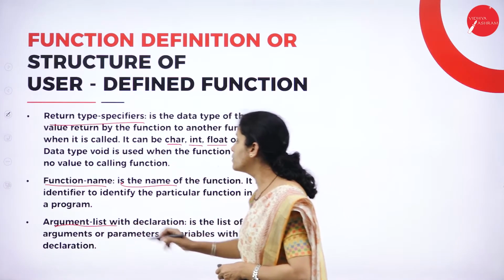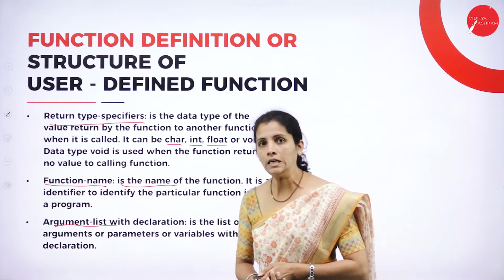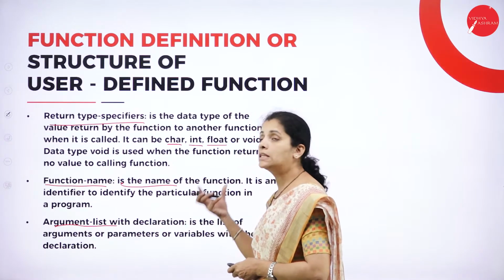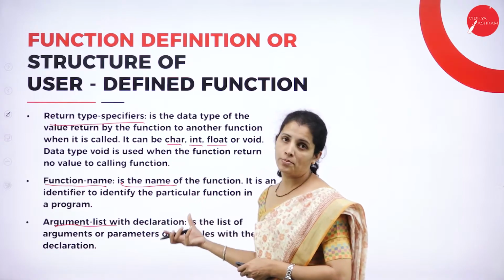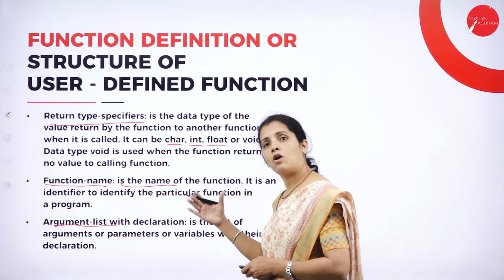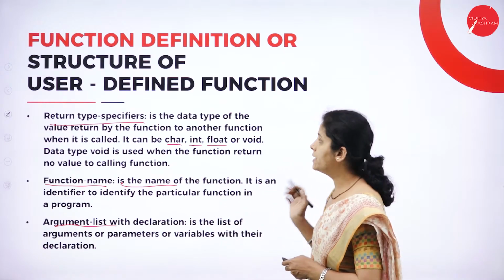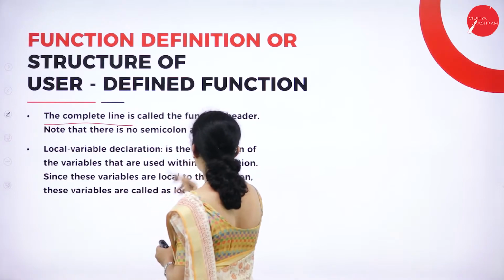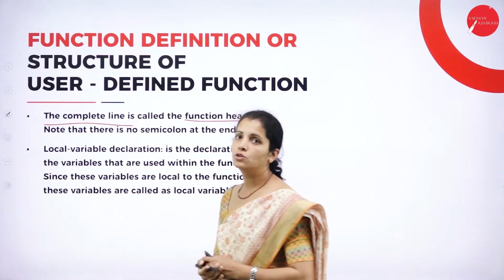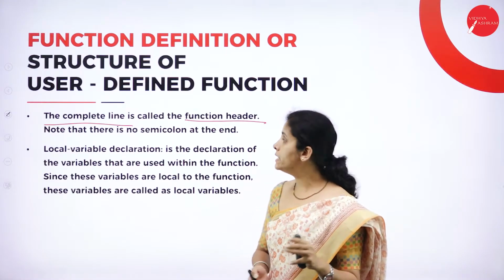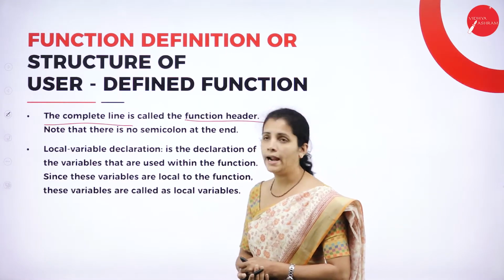Along with that, I'm going to have the argument list. Here the argument list with declaration is optional. That means a function can have arguments or may not. Now the complete line is called the function header. So the return type, function name, and parameters together are called the function header.